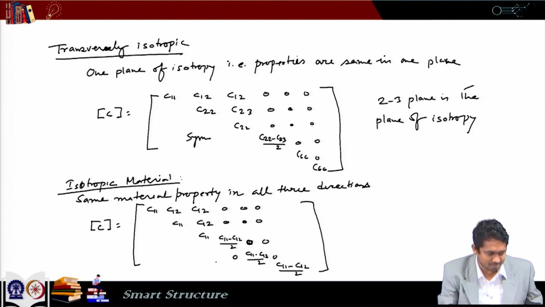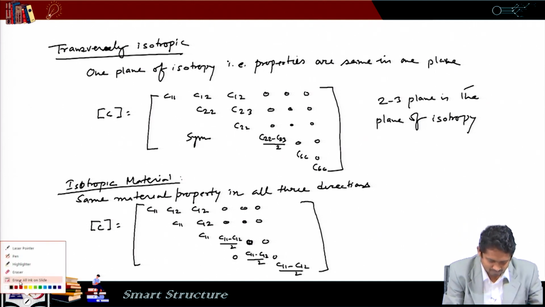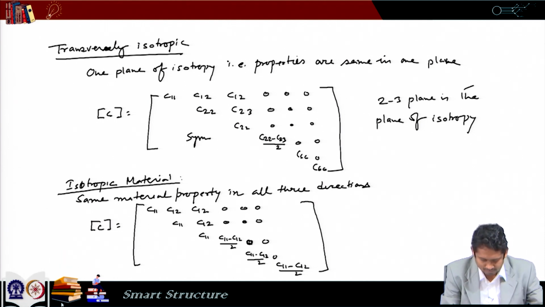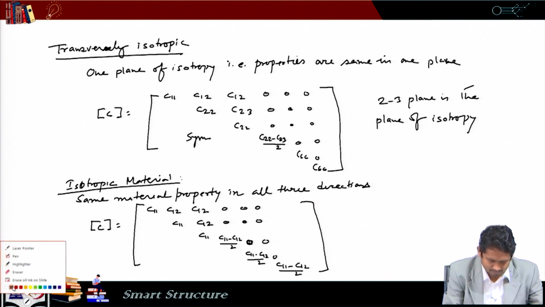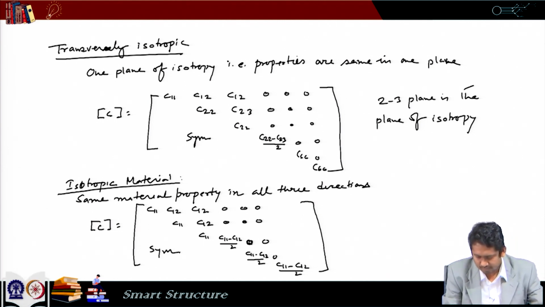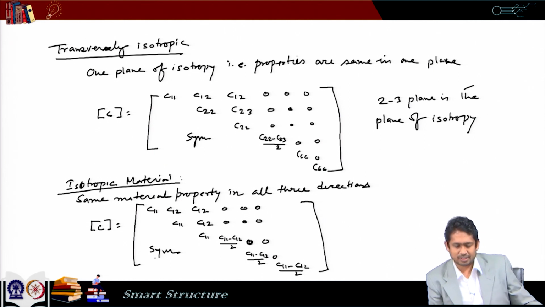This 0 we do not need to write because it is symmetric. And this is symmetric. So, this is our isotropic material.